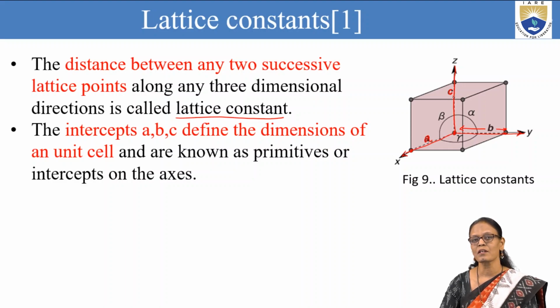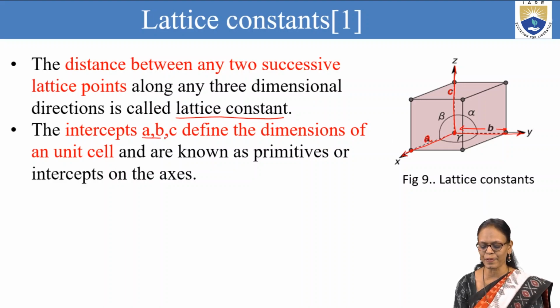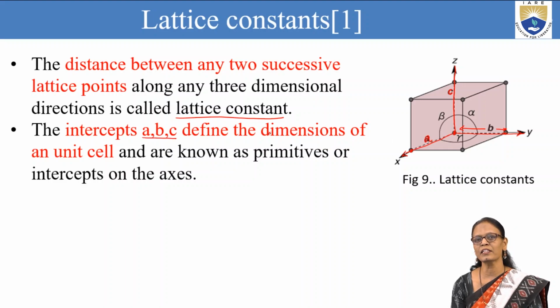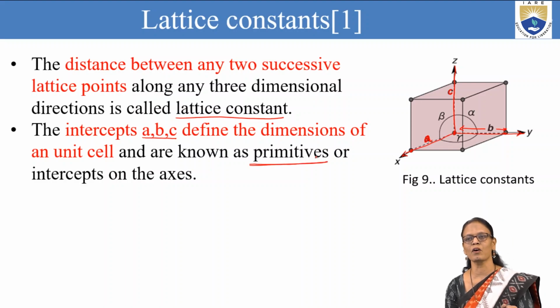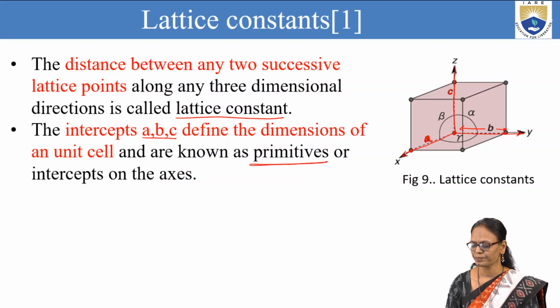So the intercepts, we call them intercepts A, B and C, define the dimensions of the unit cell. When I am talking about the unit cell, the parameters or lattice constants along the x, y and z directions are taken as A, B and C, and we also call them primitives or intercepts along the axes.